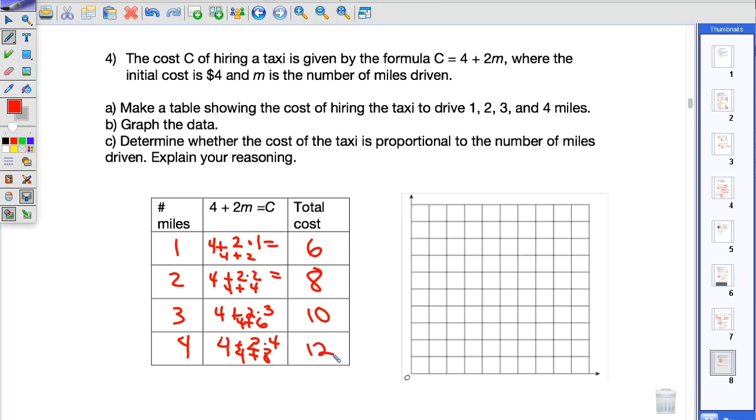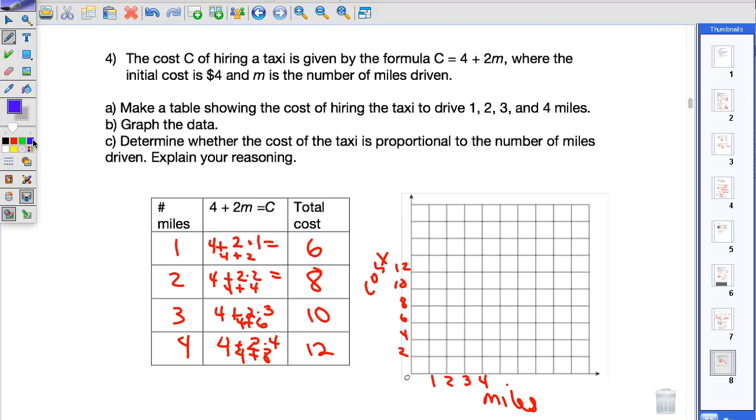So now we're going to do part B, which is graph the data. On our x-axis, we have our miles. On our y-axis, we have the cost. We can label the x 1, 2, 3, 4, and we can go by 2's for the cost. 2, 4, 6, 8, 10, 12. So we're going to graph what we did on our table.